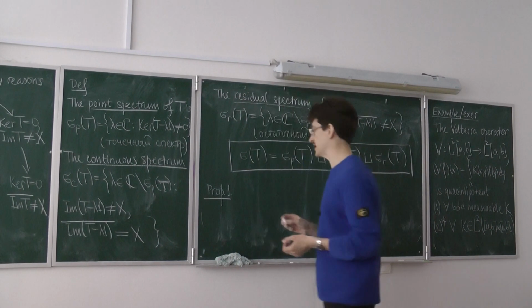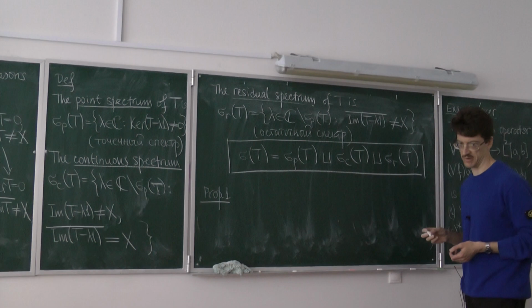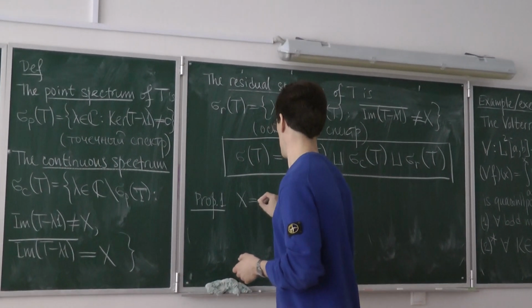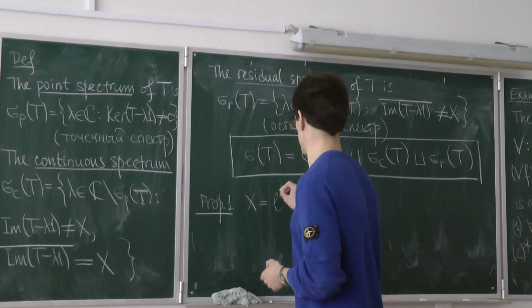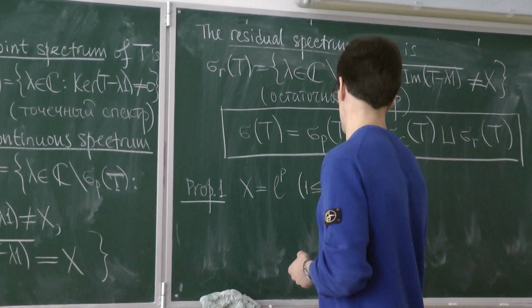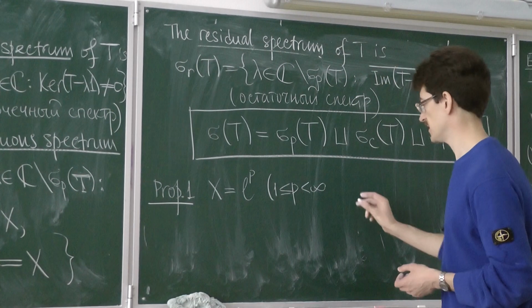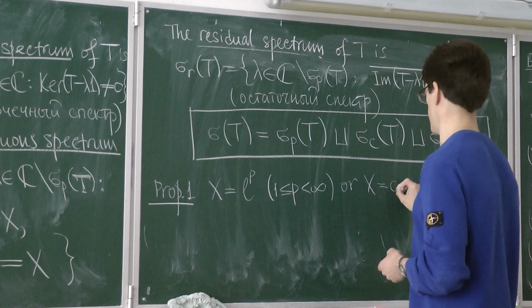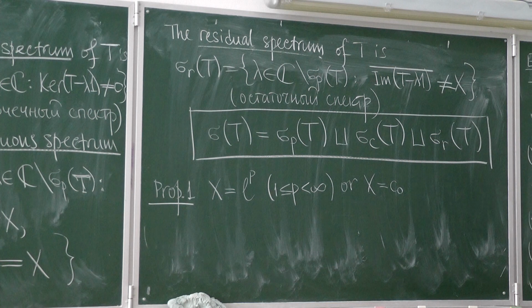Let's look at the parts of the spectrum of the diagonal operator. So let X be the little l^p space, where p is greater than or equal to 1, but is finite. Or we can also take the little c_0 space of sequences which vanish at infinity.